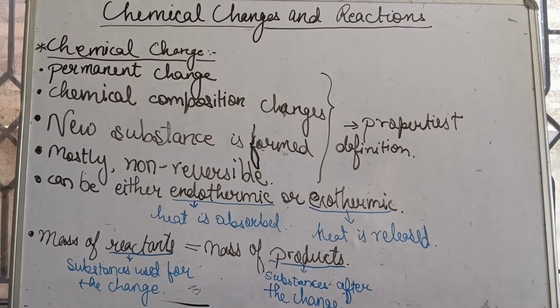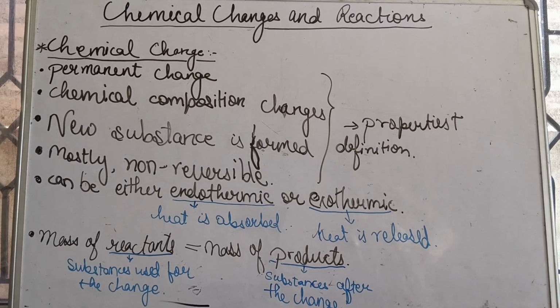Then next, we have studied what a chemical bond is. A chemical bond is the force of attraction by which two atoms bind together. Okay, the bond between two atoms.